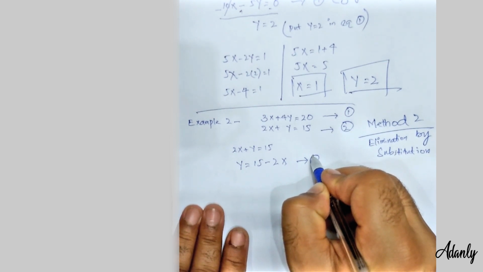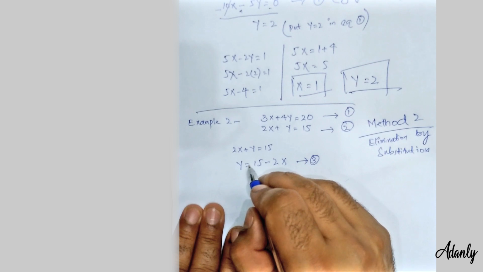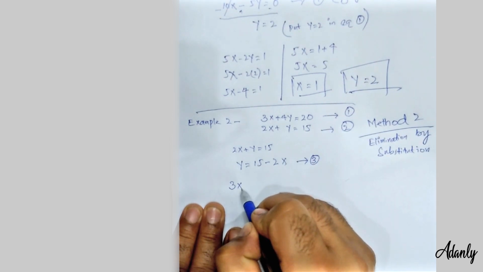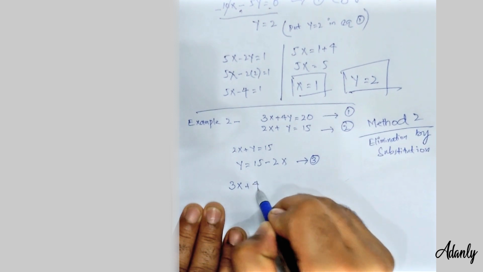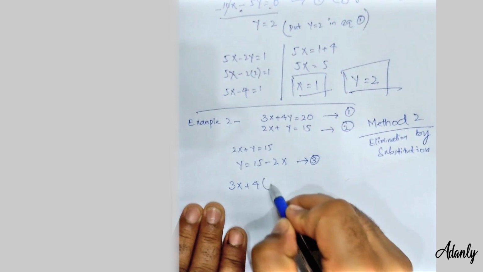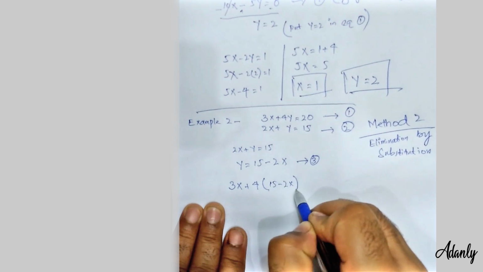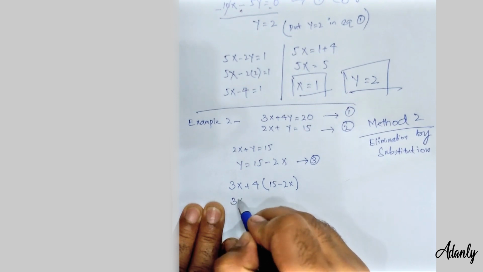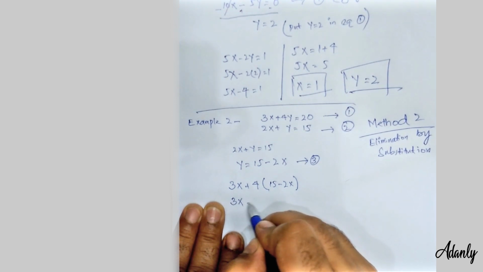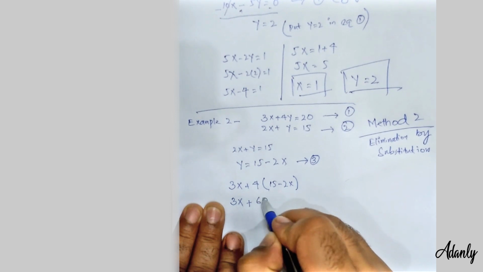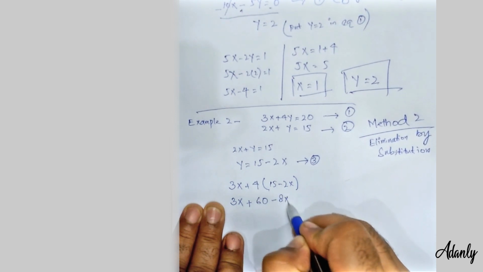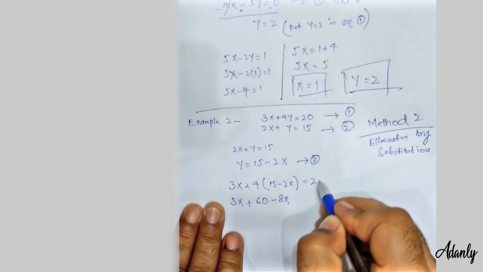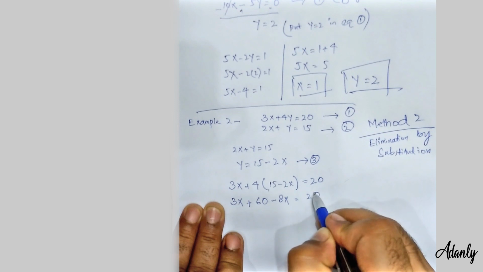Now we will put the value of this y in equation number 1. So equation number 1 becomes 3x plus 4 into, putting the value of y here, 15 minus 2x. Let's further simplify: 3x plus 4 multiplied by 15 gives 60 minus 8x, and yes, we forgot 20 over here, equals 20.